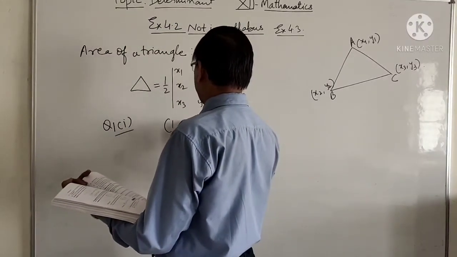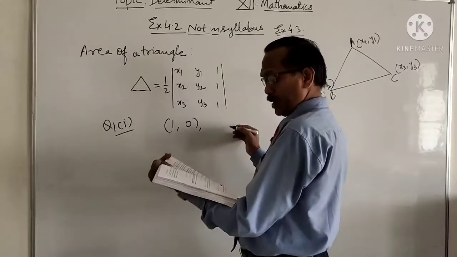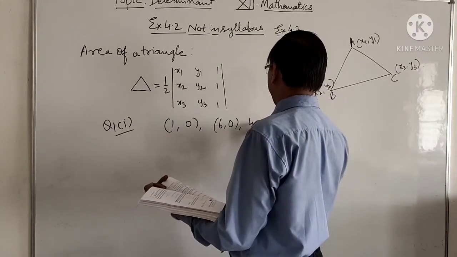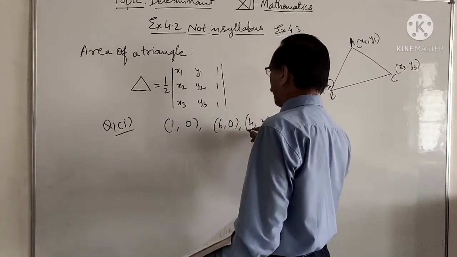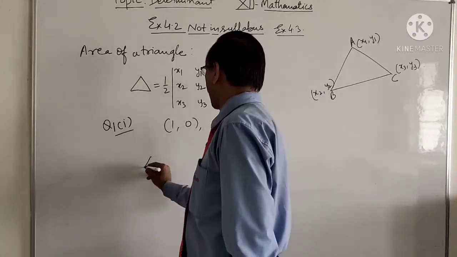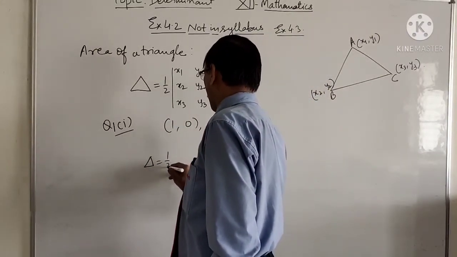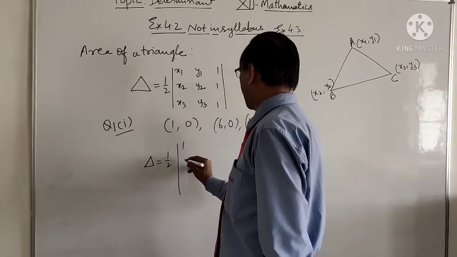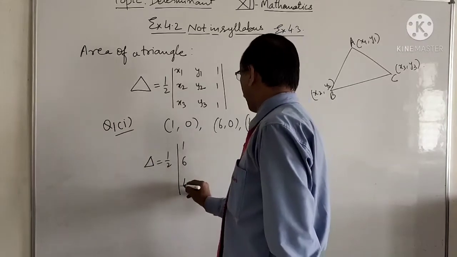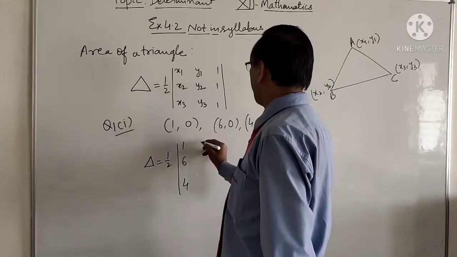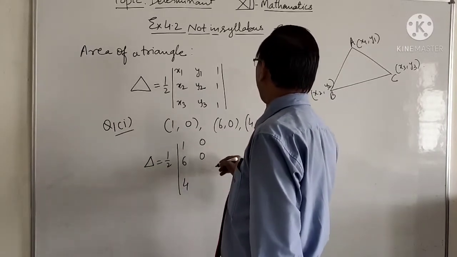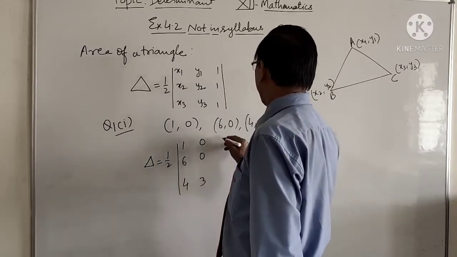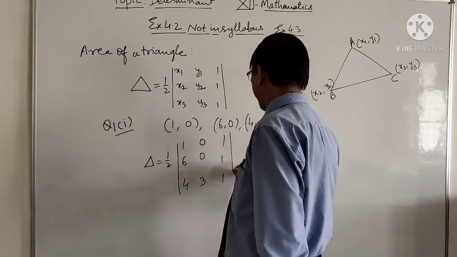Vertices are (1, 0), (6, 0), and (4, 3). Therefore, the area of the triangle is 1 upon 2. Here x1 is 1, x2 is 6, and x3 is 4. y1 is 0, y2 is 0, and y3 is 3, and 1, 1, 1.